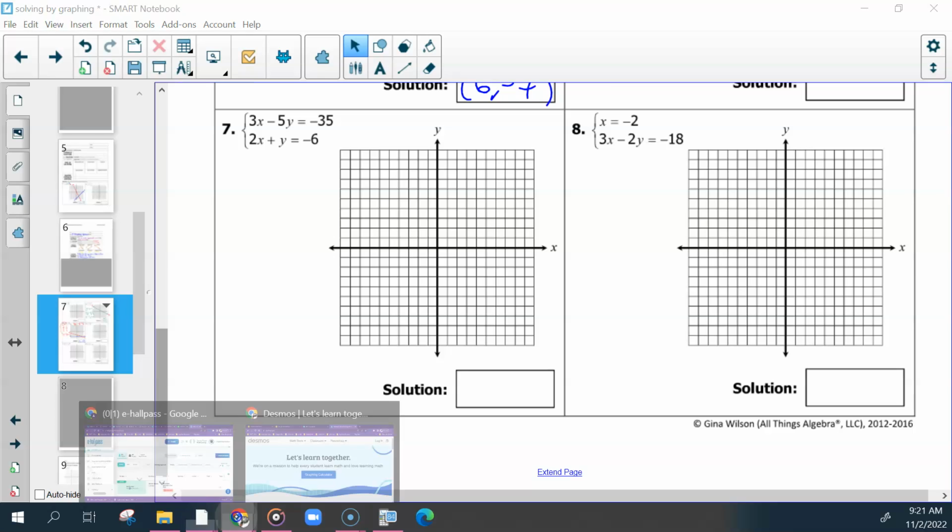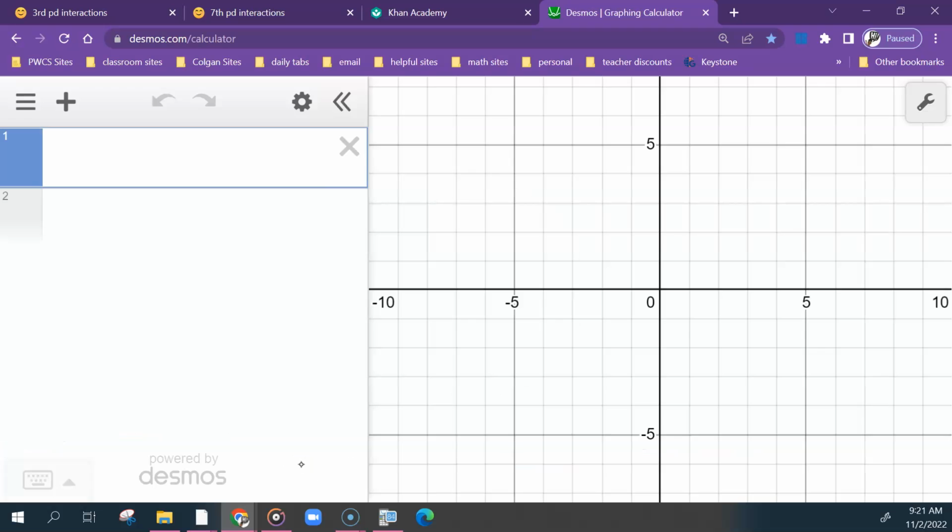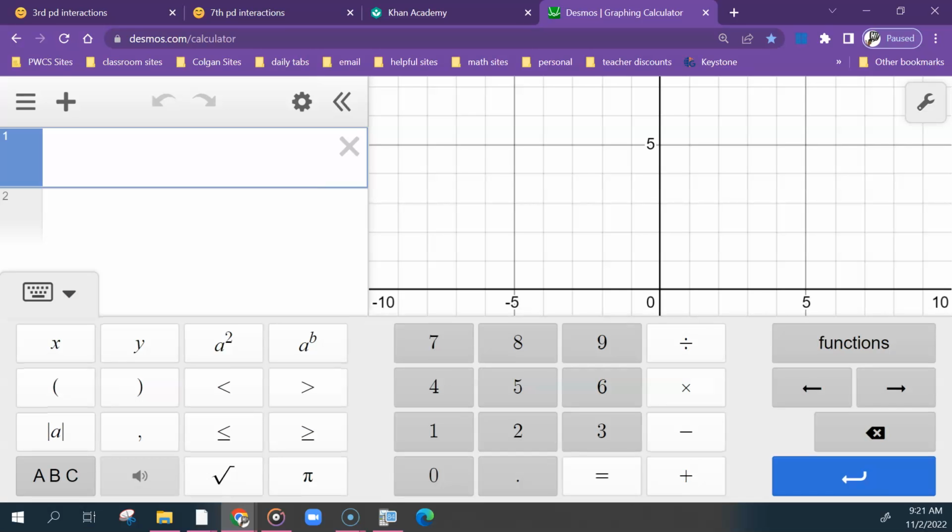What's nice about Desmos is I don't have to change anything. I don't have to solve anything. I can put it in exactly as is. So this will be nice when you're doing this practice at home and you're not sure and you want to double check. So I'm going to put these in exactly as is. 3x minus 5y equals -35.